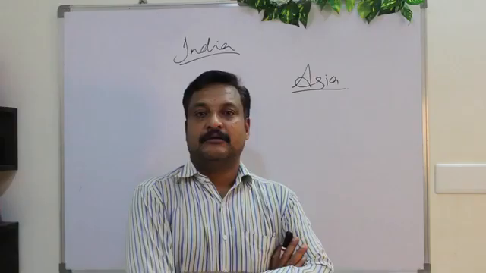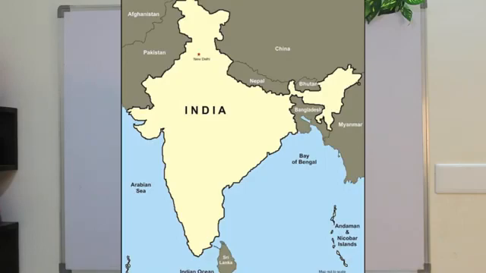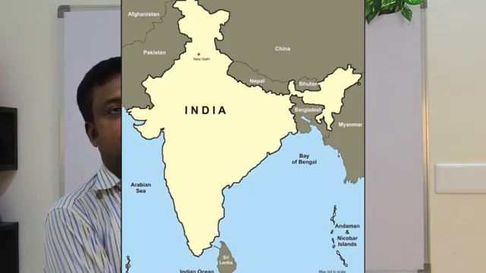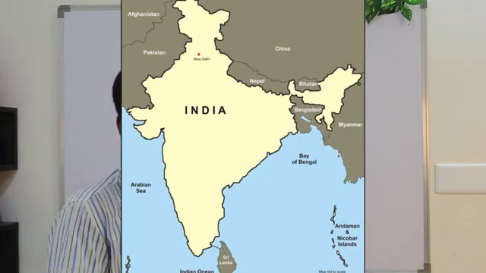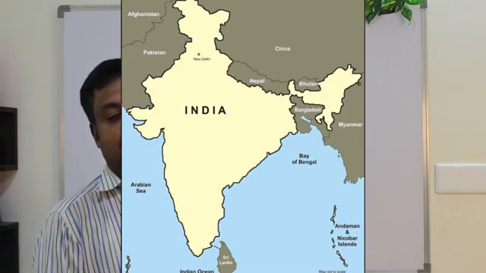The other prominent countries in Asia are China, Russia. Russia, we don't share any border with them, leave it. China, Pakistan, Afghanistan, Nepal, Bhutan, Myanmar, Bangladesh and Sri Lanka. So the other countries that lie around India in Asia are Pakistan, Afghanistan.